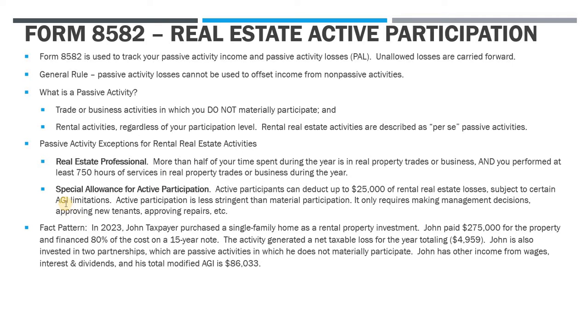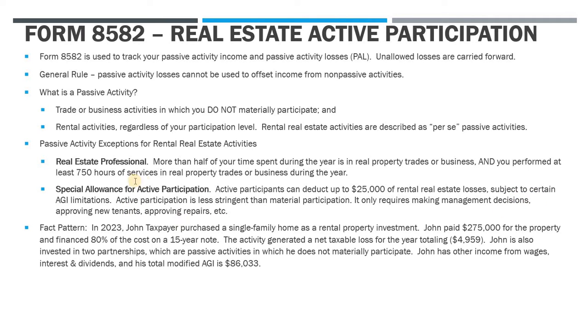The second option, which is the subject of this video, is the special allowance for active participation. So this is a much easier burden to meet. So if you as the taxpayer are an active participant in the rental property, you can deduct up to $25,000 of your losses against your non-passive income, subject to certain AGI limitations.